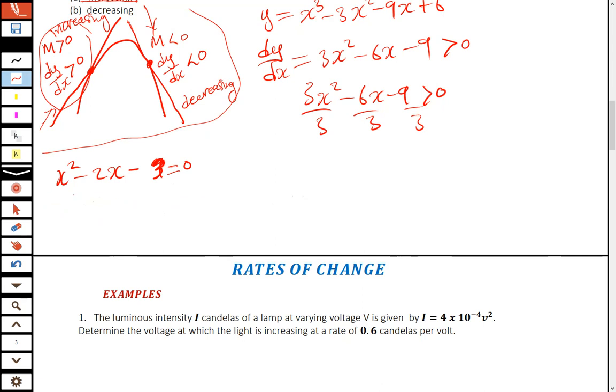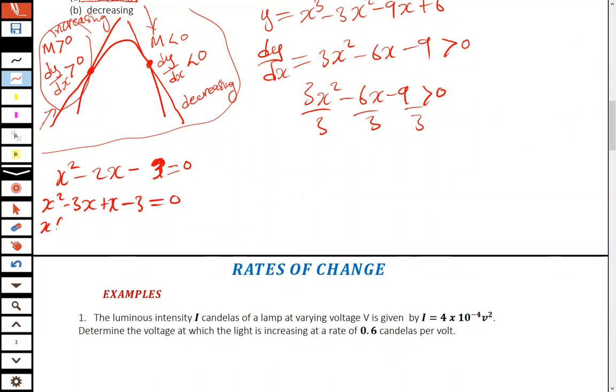Okay, so we have x squared minus 2x minus 3. So we factorize this. We have x squared, then negative 3x, then positive x, then minus 3 is equal to 0.